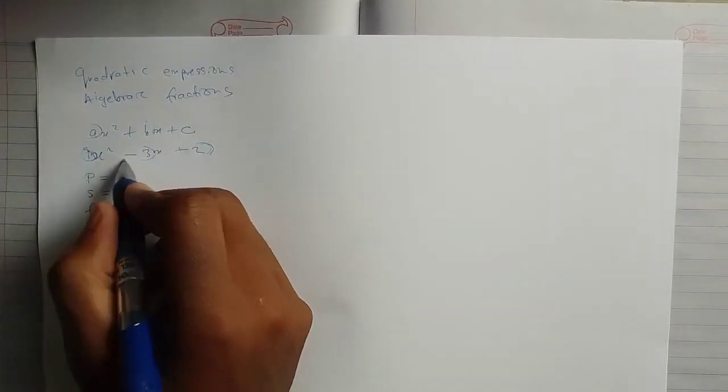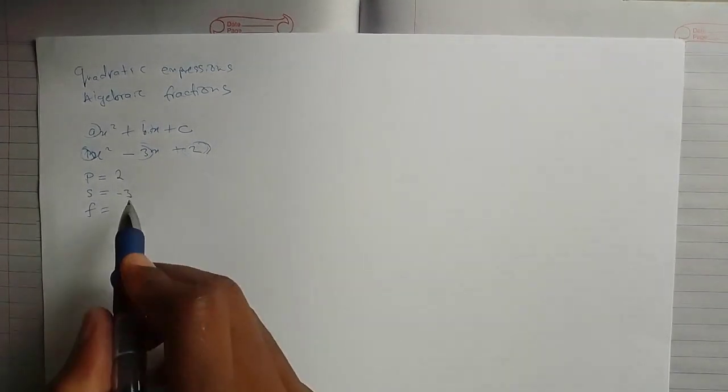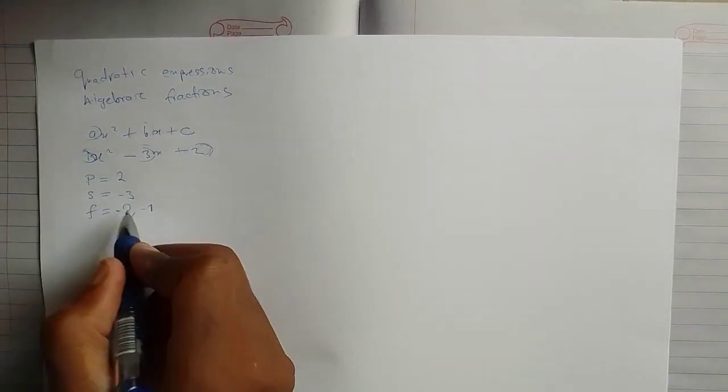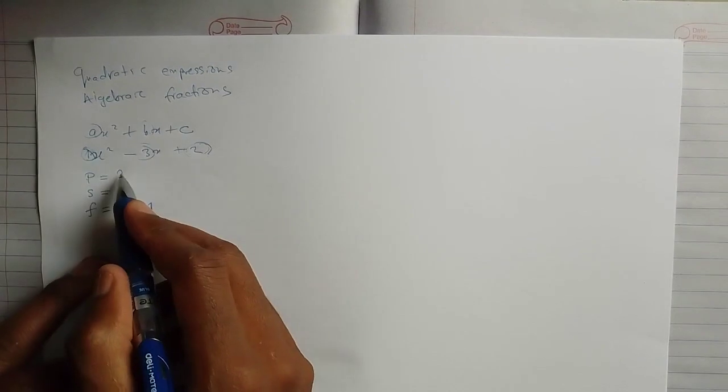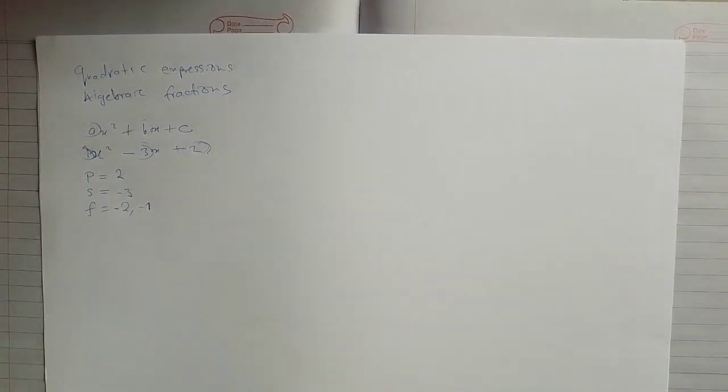Then the sum is the number that represents the B, which is -3 in our case. Then for the 2 factors, we find 2 numbers which when multiplied give 2, and when added give -3. Those are -2 and -1. -2 times -1 is 2, and -2 plus -1 gives us -3. So those are our 2 factors.